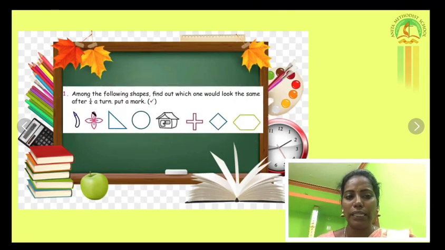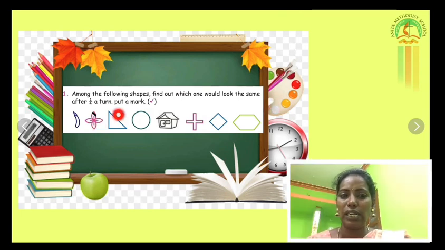Now among the following shapes, find out which one would look the same after a 1/4 turn. Put a tick. Children, look at the images. What will come? What are the answers, children?